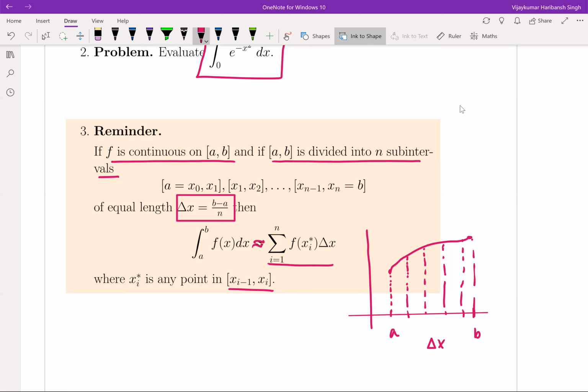So we are making rectangles again. We choose some point xi star here. Then we make a rectangle like that, and we approximate the area by this area here.